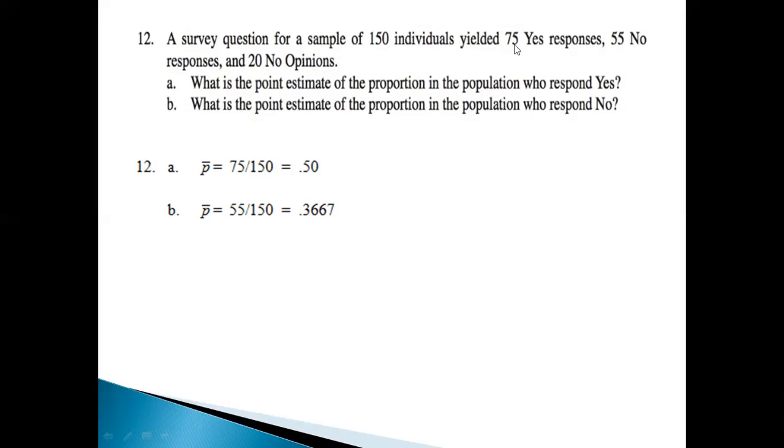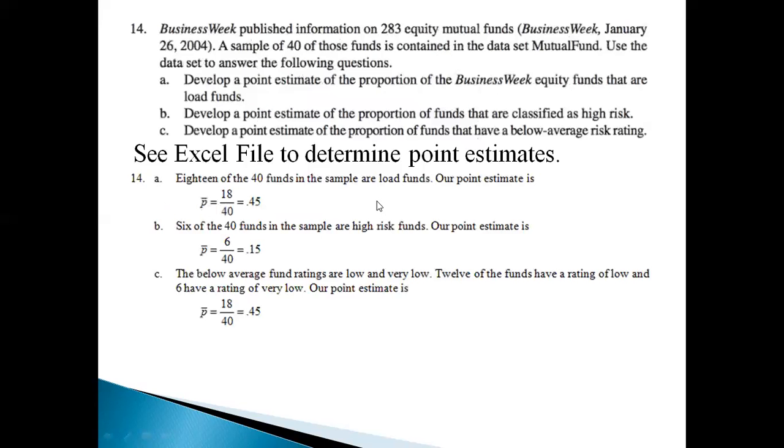Well, yes was 75, so the proportion is 75 out of 150, and so you would write p-bar equals 75 over 150, which is just 0.50. Now, those that responded no, well, that would be 55 divided by 150, or 0.3667. You could do the same thing, take 20 divided by 150, and get your answer there to get the proportion. That would be no opinion.